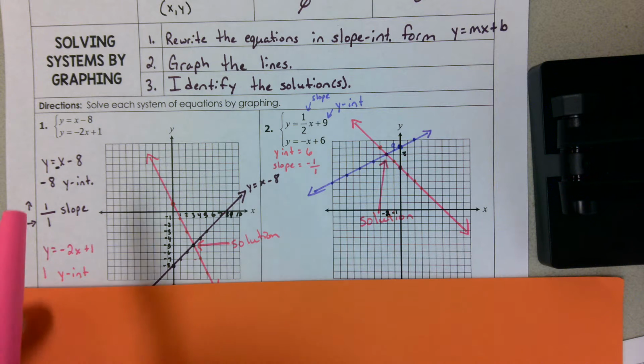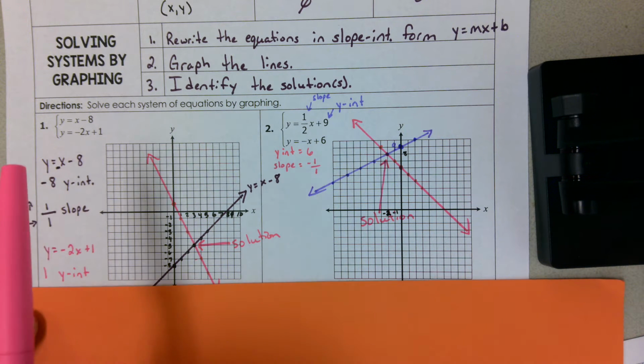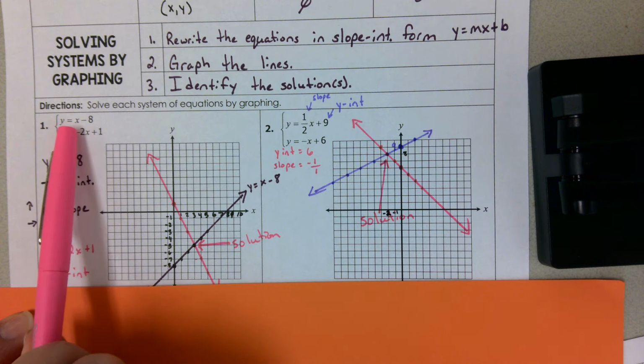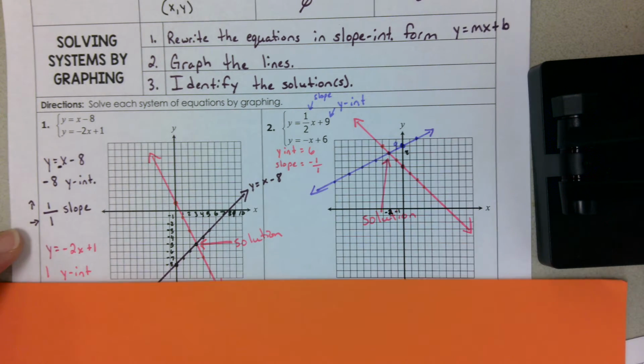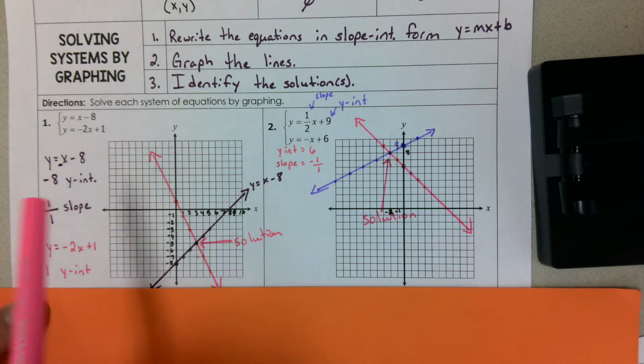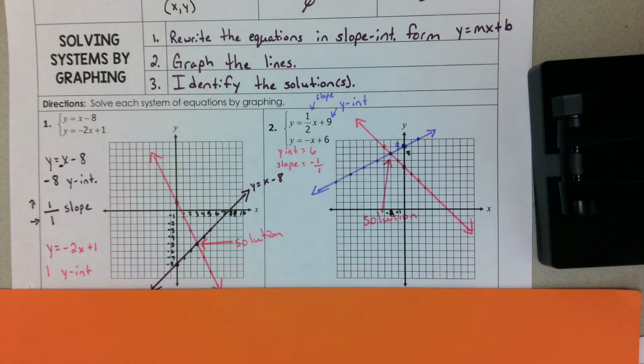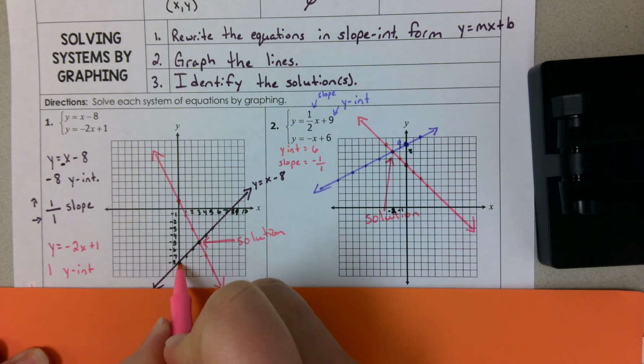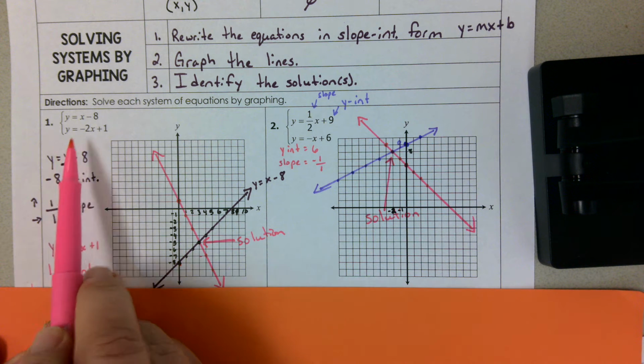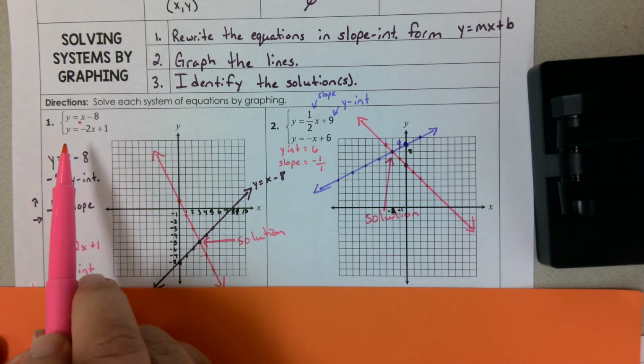I've just rewritten these over here. I wanted to show you y equals x minus 8. That minus 8 is a negative 8 for my y-intercept. So I plotted my negative 8 here on the y-axis. That was my y-intercept. And then I used my slope to get the rest of my points. You don't see a number here in front of x.